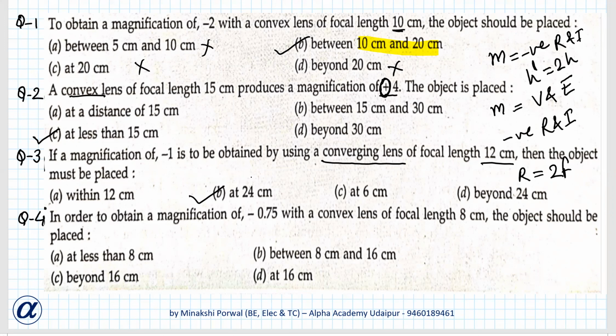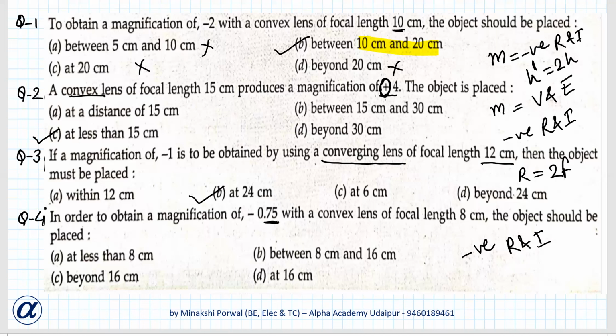Question number 4. In order to obtain a magnification of -0.75 with a convex lens of focal length 8 centimeter, where should the object be placed? Magnification is negative, which means a real and inverted image. The size of the image is smaller than the size of the object because its value is less than 1.